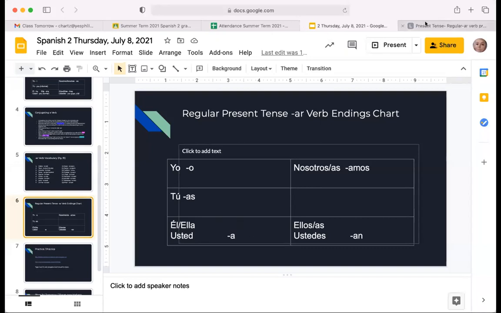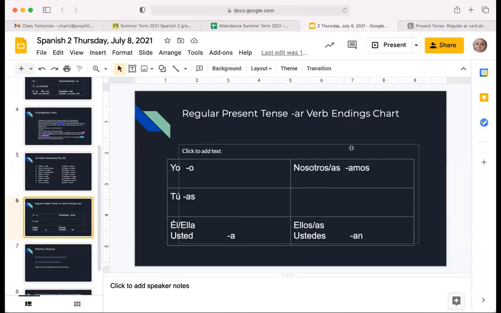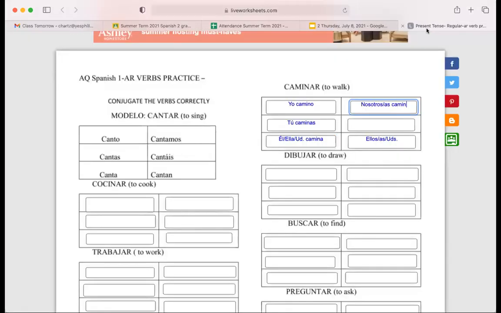We had an A in this form. Camina. Yep. So for nosotros, we have our stem again, so we add AMOS to the end in this form. Caminamos, yep.